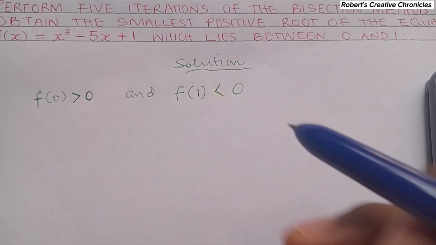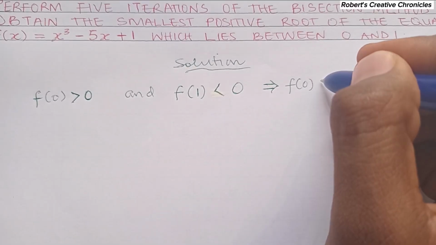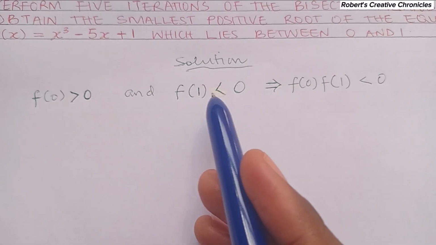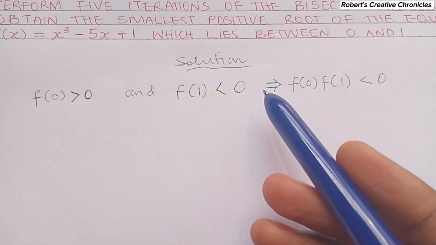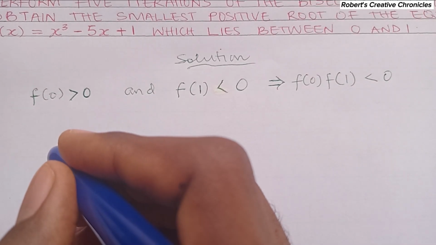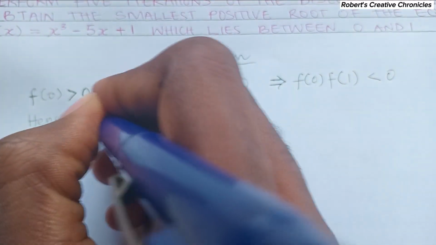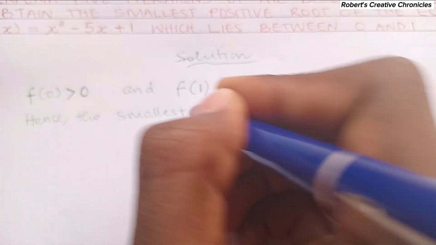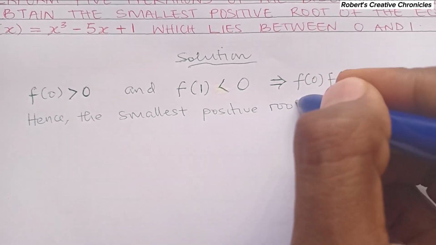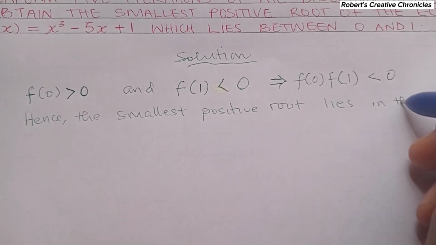So now we can conclude that f(0) times f(1) will be less than 0, because minus times plus will be minus. So now we can say that, hence, the smallest positive root lies in the interval.